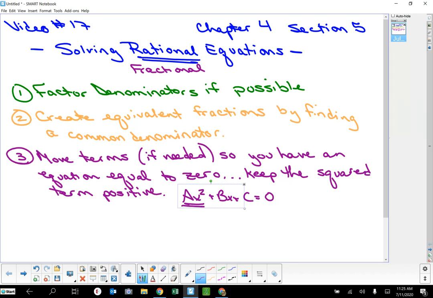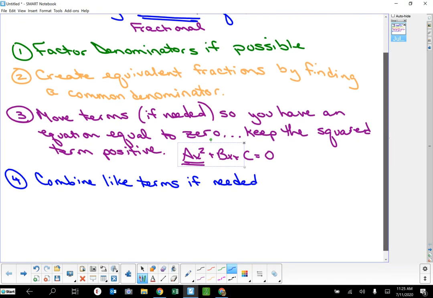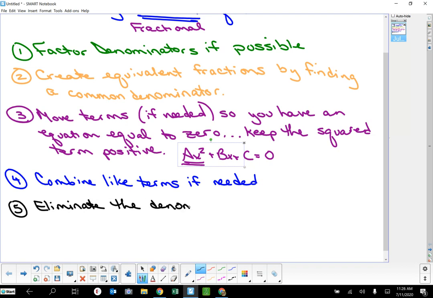All right. After step 3, you're going to combine like terms if needed. And then step 5, you're going to eliminate the denominator with shown multiplication.